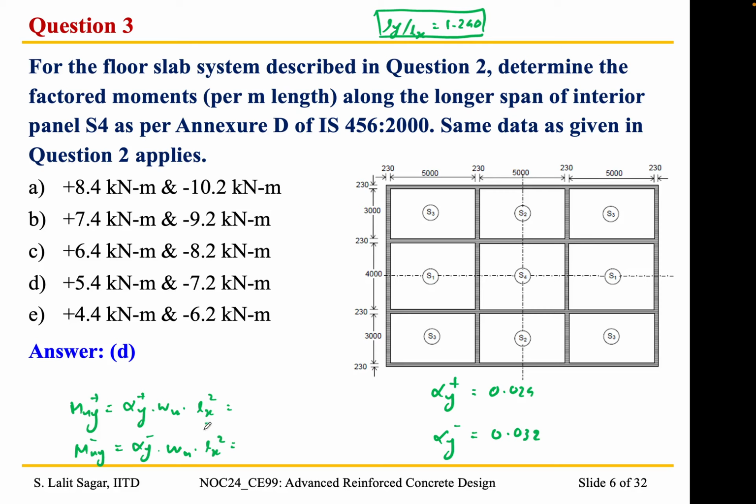So when we simplify this, I am getting MUY positive is equal to 5.36 kilonewton meter, and MUY negative is 7.15 kilonewton meter. Okay. So thanks for the response. We can move ahead to the next problem.